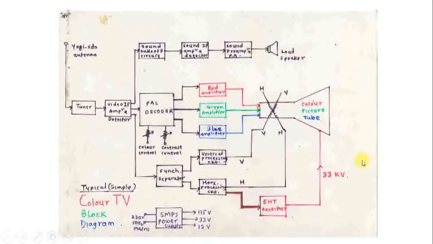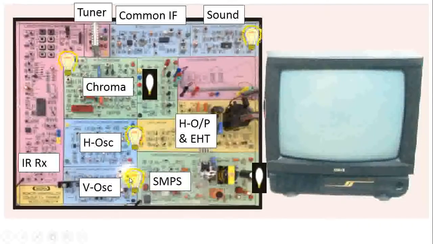Okay, now other than that, few more sections are there that we will see. Okay, now we will see the different other sections of this color television. So now this is tuner, common IF amplifier and video detector. One signal goes to sound section, so this is sound processing section. The output is nothing but loudspeaker.